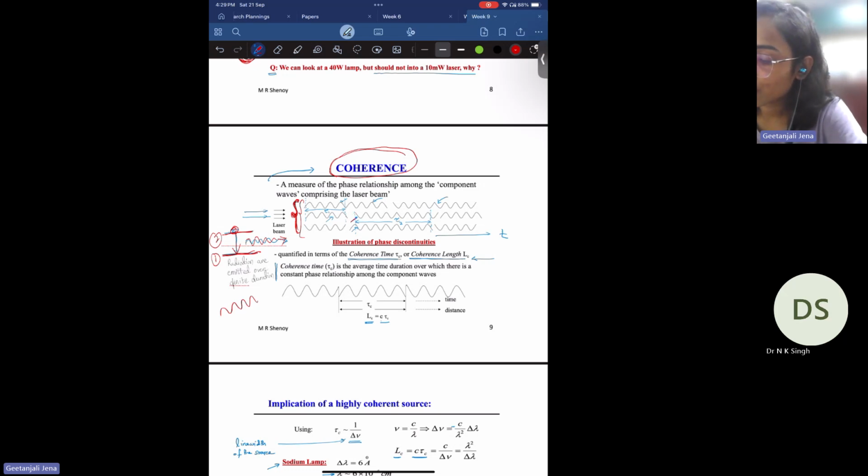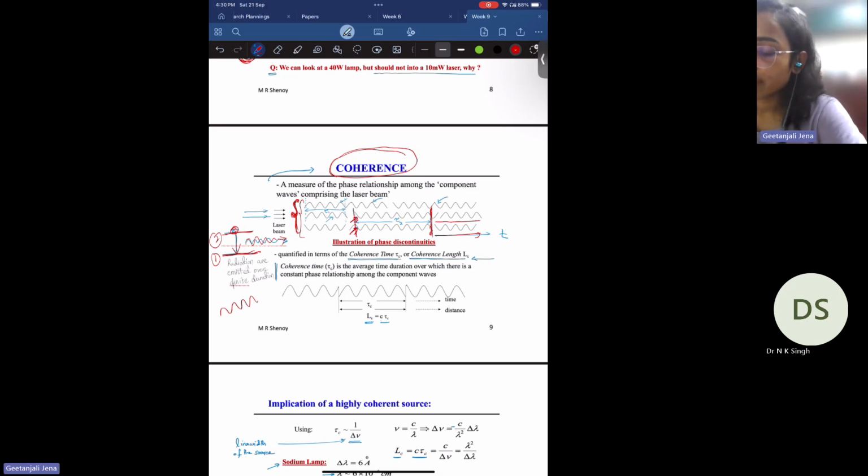If you see these two waves, only up to this time the phase relationship is constant, and after that there is an abrupt change in the phase because of some reason like collision broadening. When we say the laser is highly coherent, it means it maintains the phase relationship over a significant amount of time as compared to the daily sources that we have used.